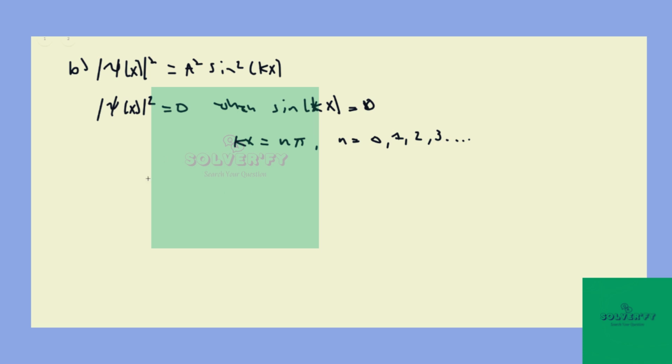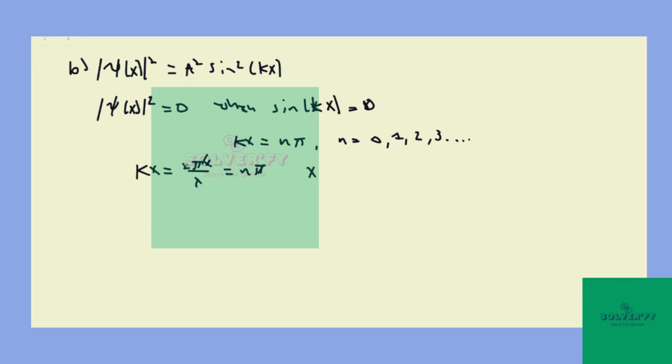So now let's plug back in to solve for x. We have kx is equal to 2 pi x over lambda, which is equal to n pi. Now we'll just go ahead and solve for x.